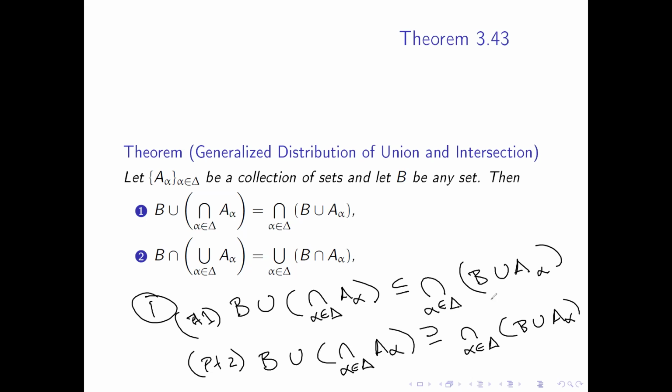I think you can. So for the first one, all you have to do is let x be some element that's in here. I need to show that that element is over here. So we're going to start with showing an element of the left-hand side is an element in the right-hand side. That's one of the major things that we do with proofs: we say, suppose that I have an element in the subset.